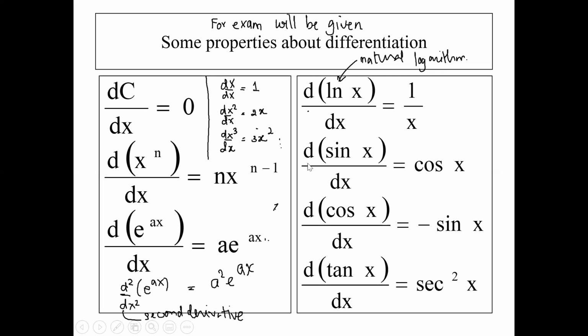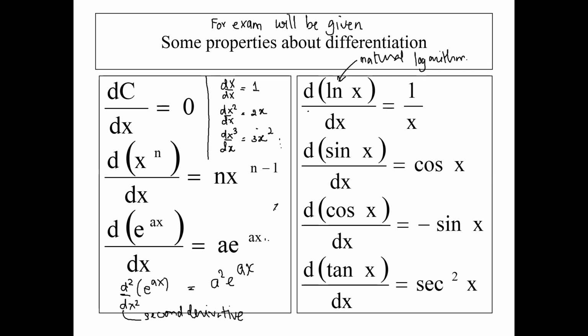The derivative of sine x with respect to x is cosine x. This is the derivative of trigonometric functions. And the derivative of cosine x by dx is minus sine x. By making a graph, you can see that when we take a derivative, what we are finding is the slope of the curve.